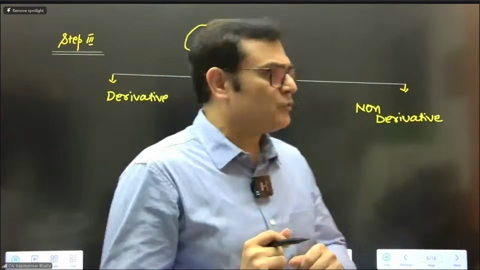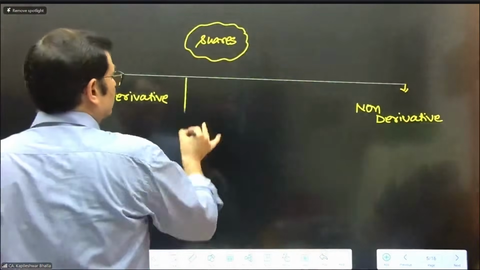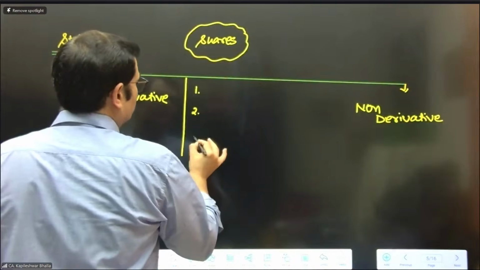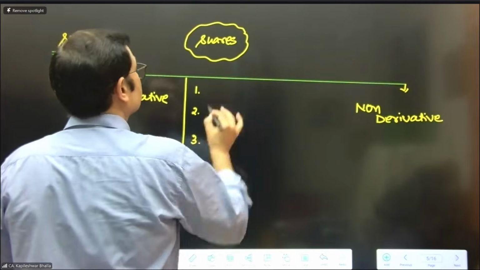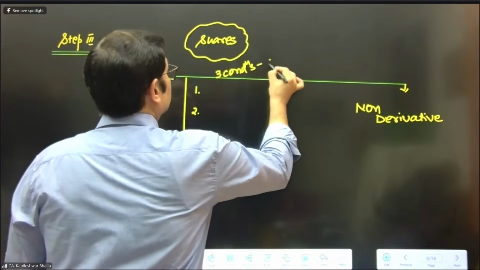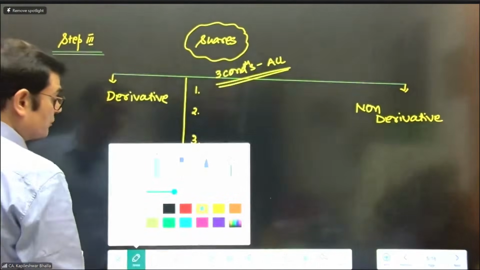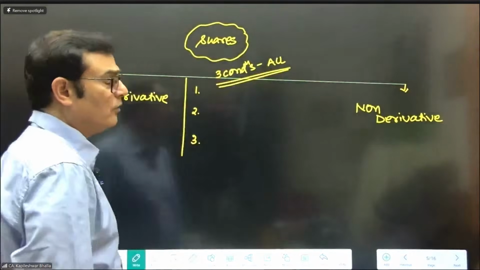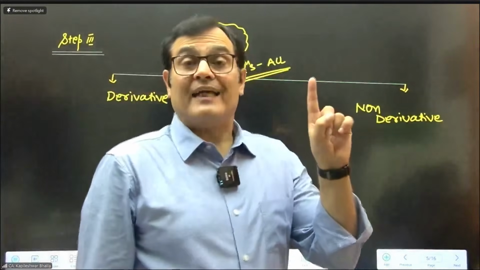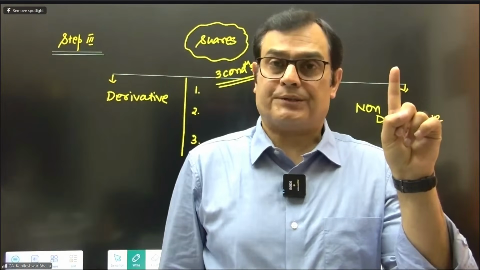So what are those three parameters? Let's recall. When you say that it is a derivative, you need to meet all these three conditions. So what are the conditions? The value of the contract depends upon an underlying asset.